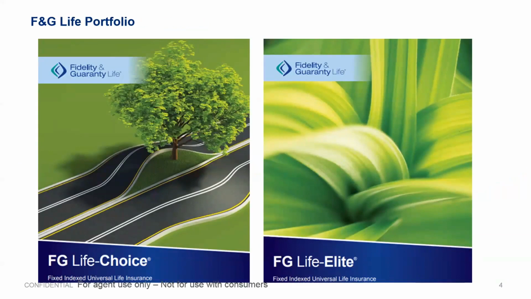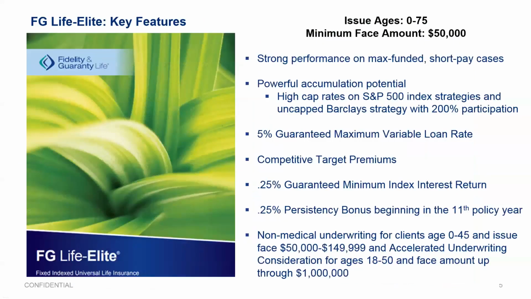Maybe they're looking to replace a term policy that's about to renew at an exorbitant amount of premium. The Choice is a good alternate for those types of sales. But for the vast majority of your accumulation sales, which is what we're talking about today, creating for our clients the opportunity to access funds on a tax-free basis through their IUL, that's going to be your Life Elite product.